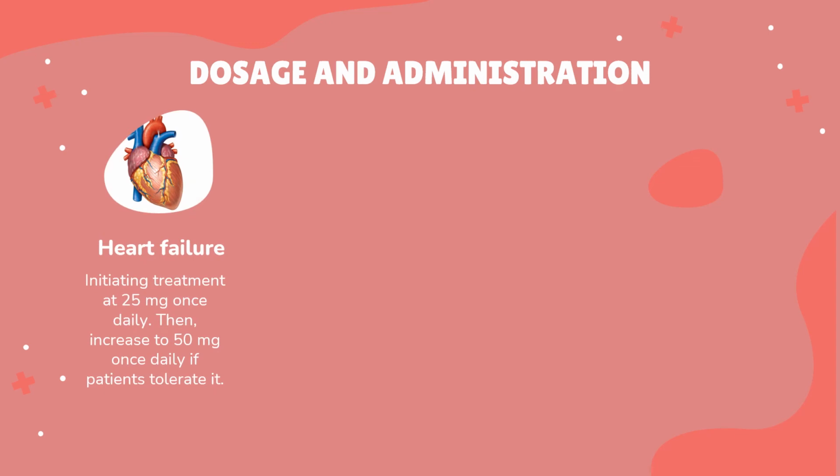In treatment of heart failure, the dosage of Aldactone would be initiating treatment at 25 mg once daily, then increase to 50 mg once daily if the patient tolerates it.